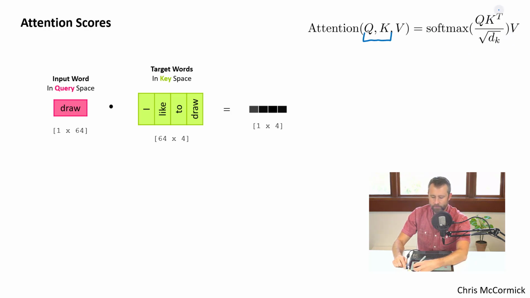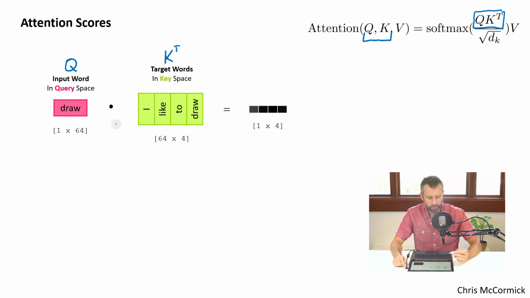And the first step for calculating the scores is to perform this matrix multiplication. So we'll take the queries, this is the matrix Q, and we'll take the keys, which is the matrix K, but transposed, and we will multiply those two together to get these four values, one for each pair of the input and targets.